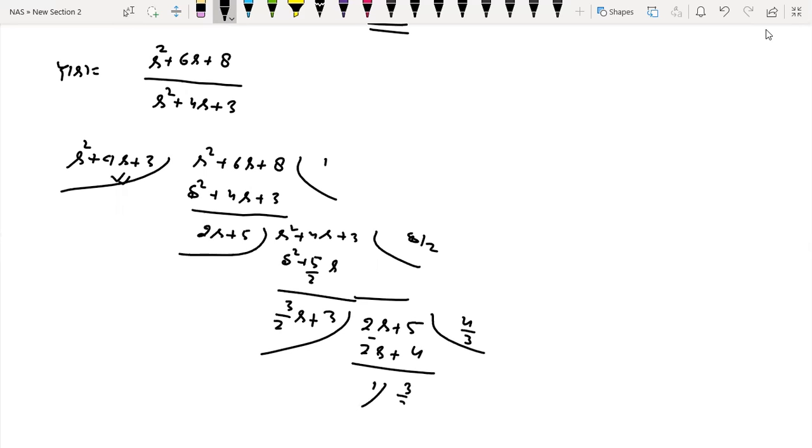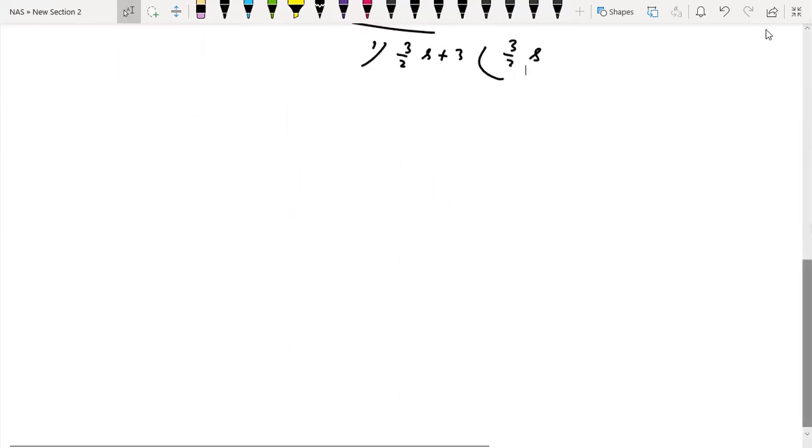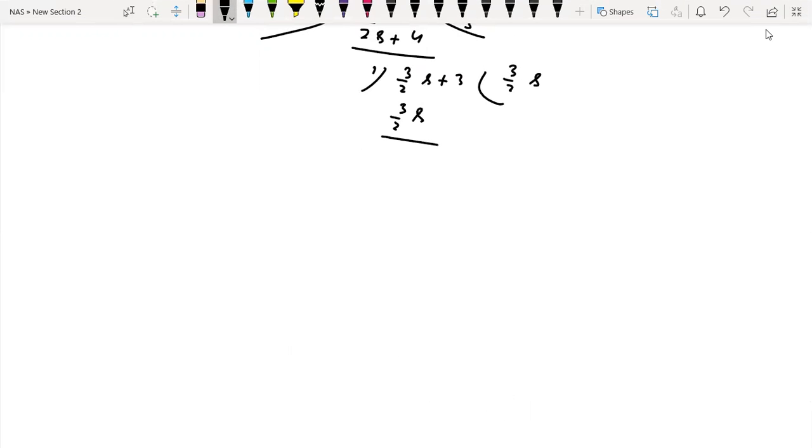Divide the function 3 by 2 S plus 3. So now this term is 3 by 2 S. And the remainder is 3. Now divide 1 by 3, and 1 minus 1 equal to 0.